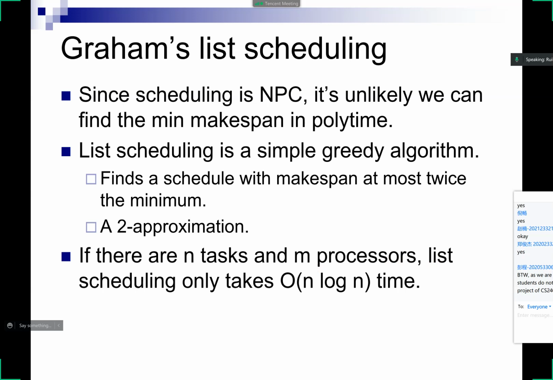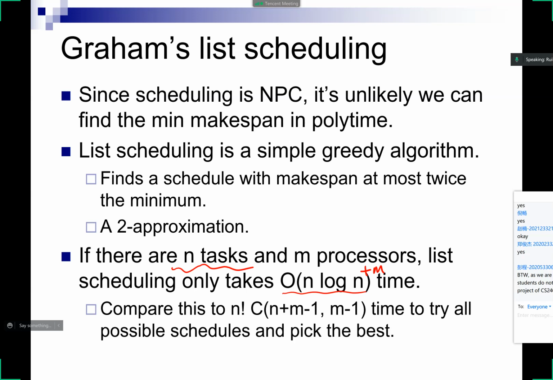The total runtime is dominated by using something like a priority queue n times, which costs n log n, plus you need to look at all of the processors, which costs m more time.